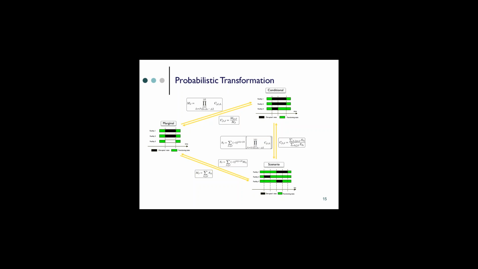I won't go into the mathematical details, but to give you a big picture, this framework is a preparation step of our methodology. And given this framework, given the correlation description, we can represent it in any of these 3 probabilistic forms. And this will be used later.